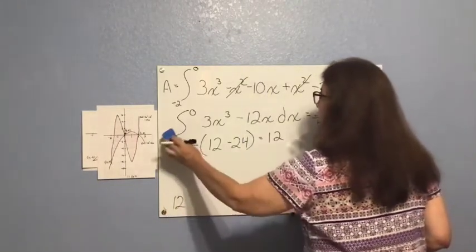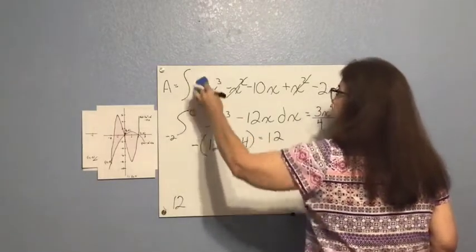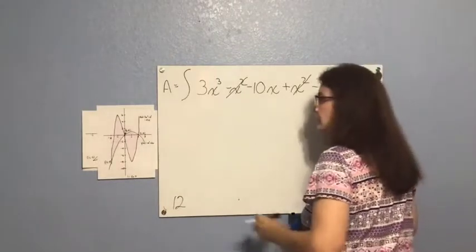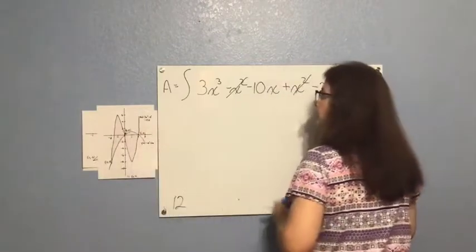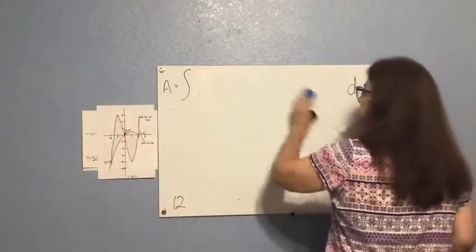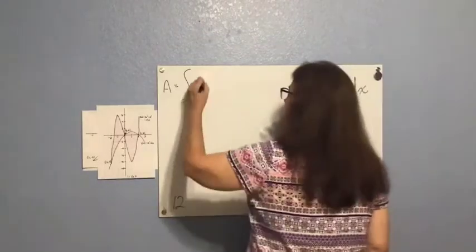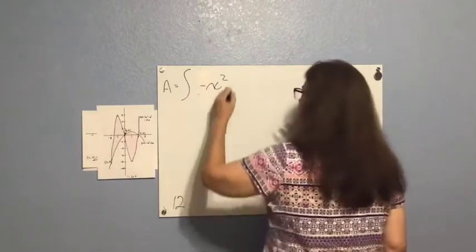And now we're going to do the second part of this integration. And for the second region, we can see that the quadratic function is on top. So we will list the quadratic function first. So there's our negative x squared plus 2x.